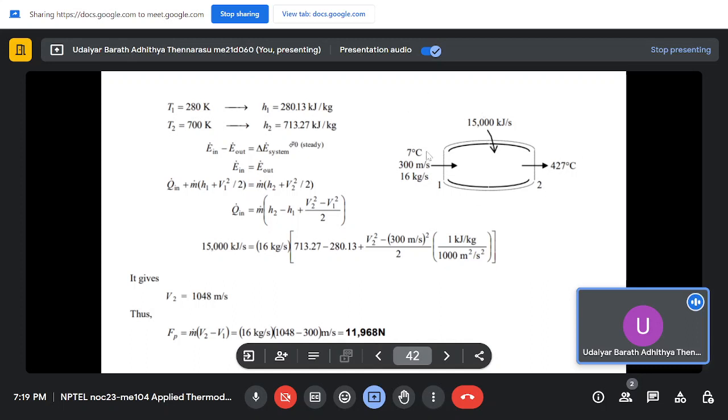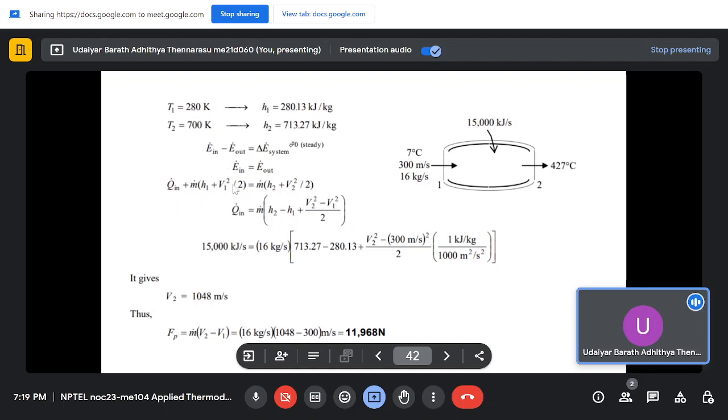So heat is coming in, Q in, plus some enthalpy plus velocity, so it will have some kinetic energy: m dot into (h1 plus v1 square by 2). And there is some enthalpy and kinetic energy possessed by the exit stream. So that is E out, m dot into (h2 plus v2 square by 2).